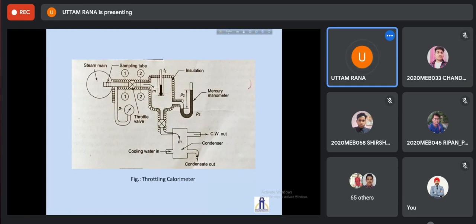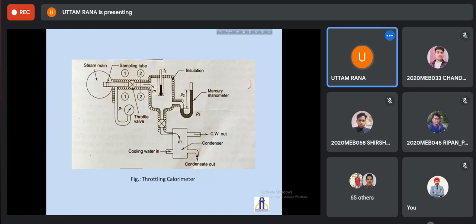Will temperature increase or decrease? Any idea? Decrease. Temperature will decrease. Anybody else?